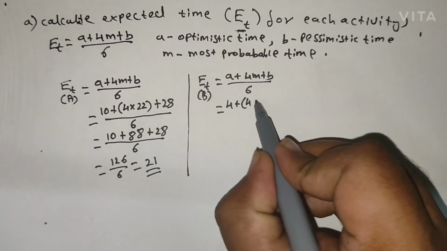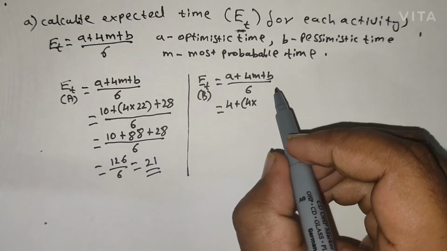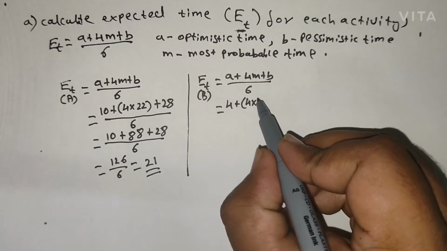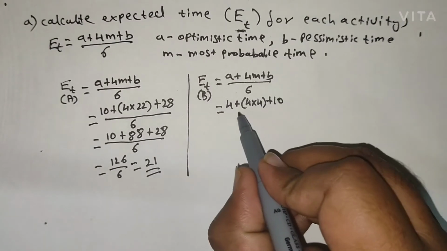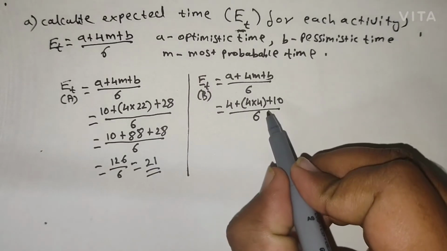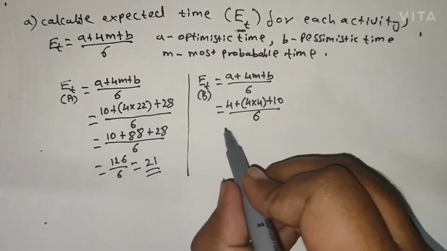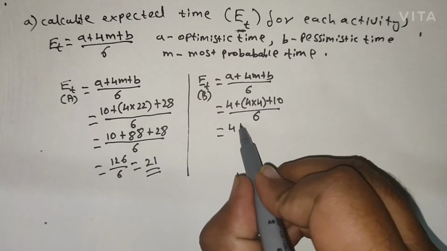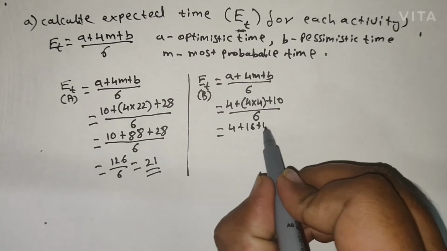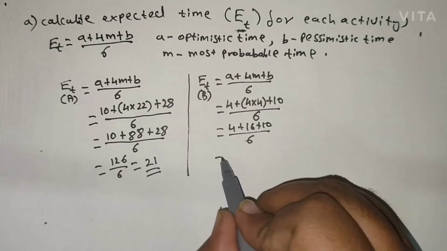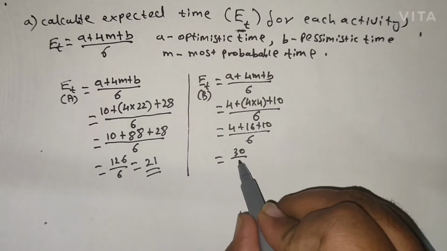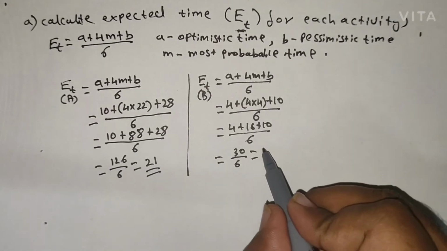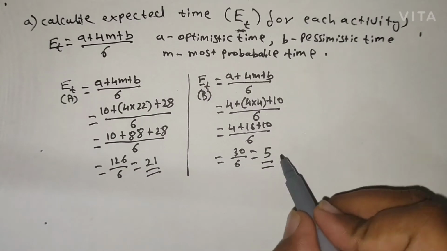The most probable time for activity B is also 4, and the pessimistic time is 10, divided by 6. So 4 plus 16 plus 10 divided by 6, that is equal to 30 divided by 6. So here the expected time is 5.